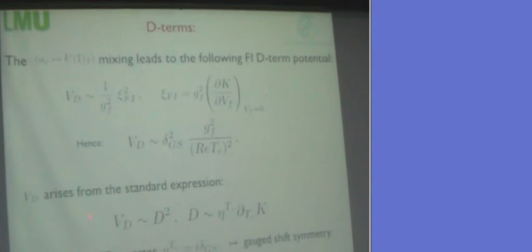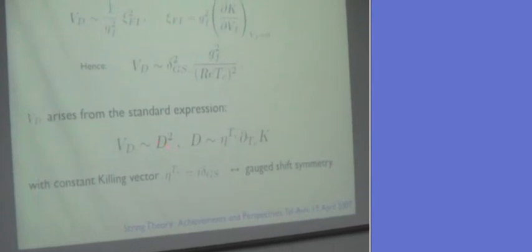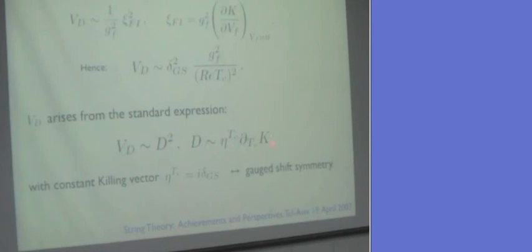Or in other words, the D-term potential, more generally, arises from the standard expression. It is given as a square of D. The D-term, D, is the derivative of the scalar potential multiplied by a so-called Killing vector field, which is constant in our case, and it corresponds to the gauge shift symmetry.